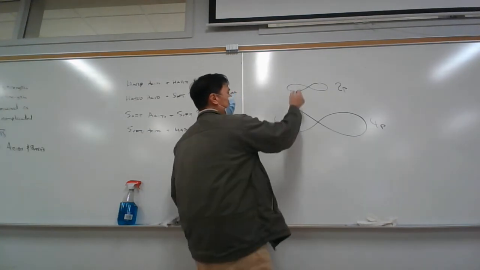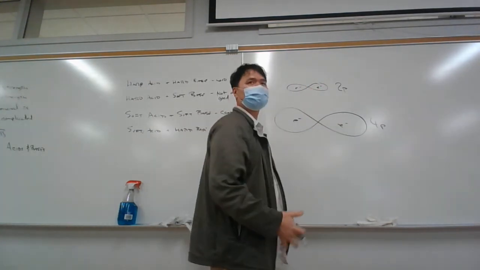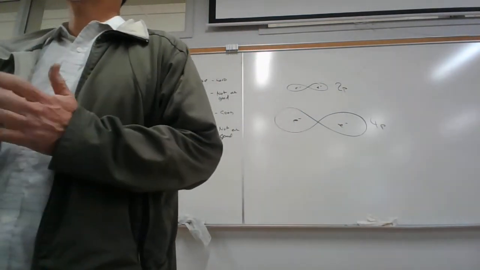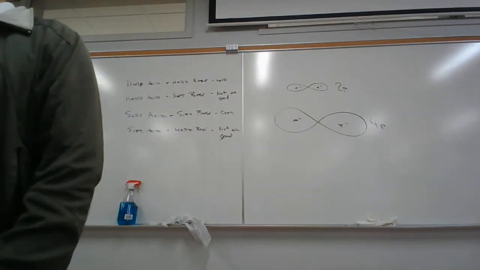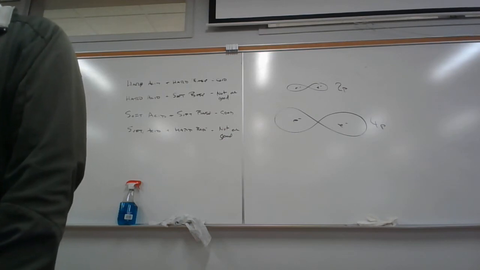So if you have 2 electrons in a 2p orbital versus 2 electrons in a 4p orbital, there's going to be a difference in terms of polarizability. Polarizability is how easy it is to distort the electron cloud. How soft is it? The more polarizable it is, the more soft it is.